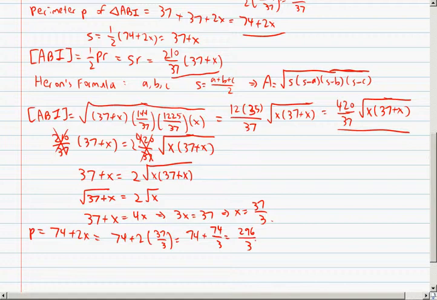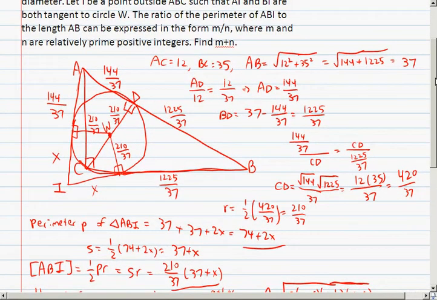The original problem asks us to find the ratio of the perimeter of ABI to the length AB, express it in the form m over n, where m and n are relatively prime positive integers, and find the sum of m and n.